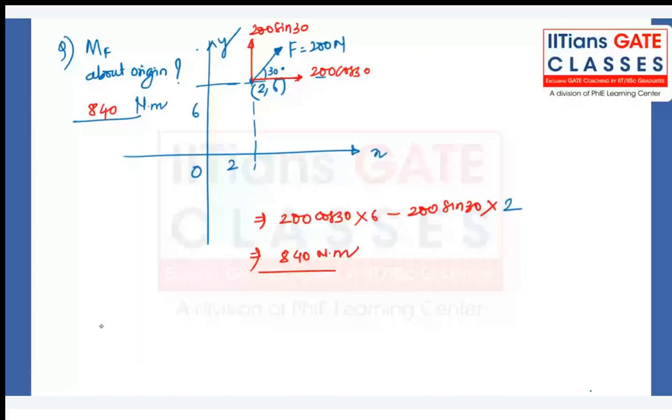No, Harsh. 200 cos of 30 about the origin will create clockwise. You are right, but clockwise is positive, right? If you consider clockwise as positive, 200 sin 30 will create a counterclockwise moment, and that has to be negative, right? So one should be positive and one should be negative. Is it clear?